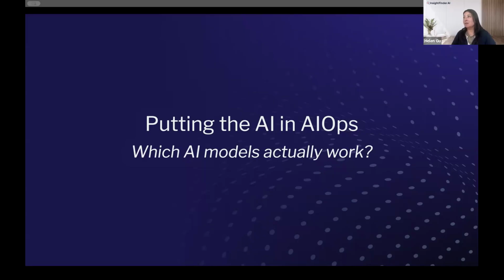So maybe they can answer 50% of the problems, but most of the time the solution they provide is not exactly addressing your environments. So feedback-driven learning is necessary for any AI model to work.